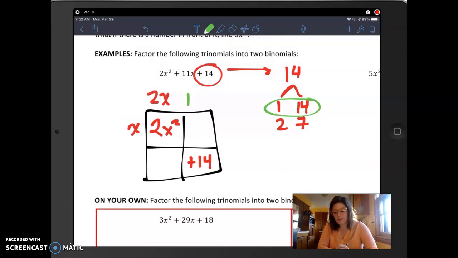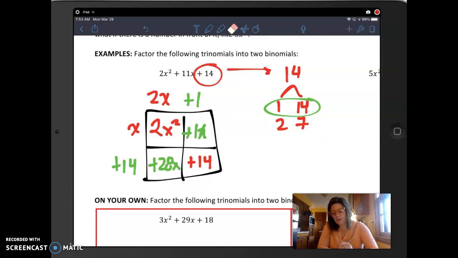So I'm going to put positive 1 here and positive 14 here. 2 times 14 is 28, so that's 28x. 1 times x is 1x. And so if we were to add these diagonals together, we would see that it would be 29, which is not 11. So that did not work.